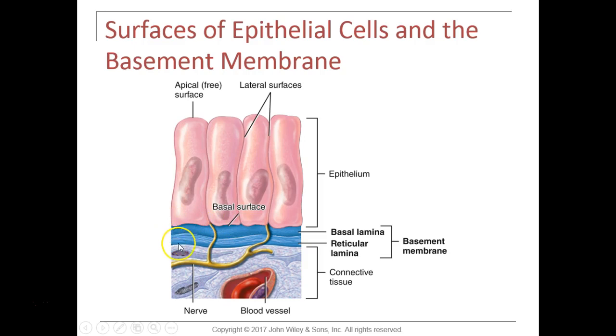And remember, we just went over the junctions. Those would be considered the hemidesmosomes at this point down at the bottom. So the only place you have hemidesmosomes is always at the basal surface or the basal membrane, anchoring the cells to the basement membrane.